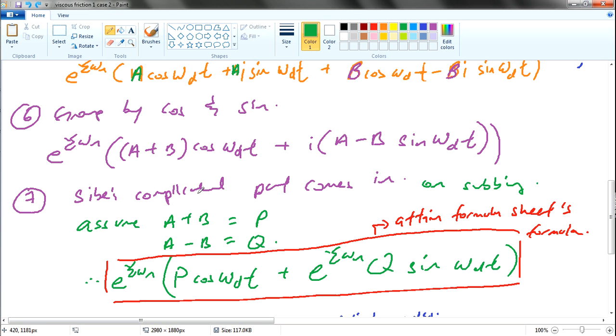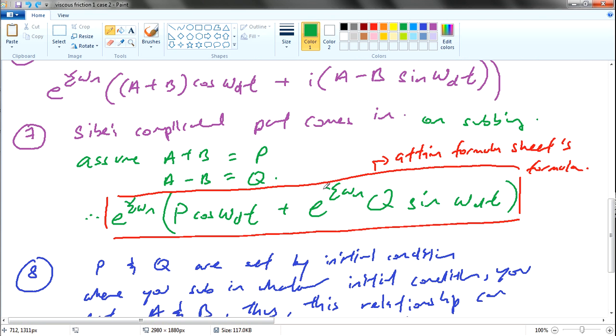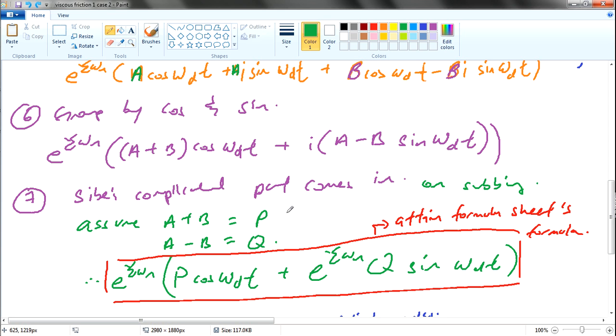Now comes a more complicated part, which is a subbing issue. You have two subbing levels. Assume a + b as p, and assume a − b as q.